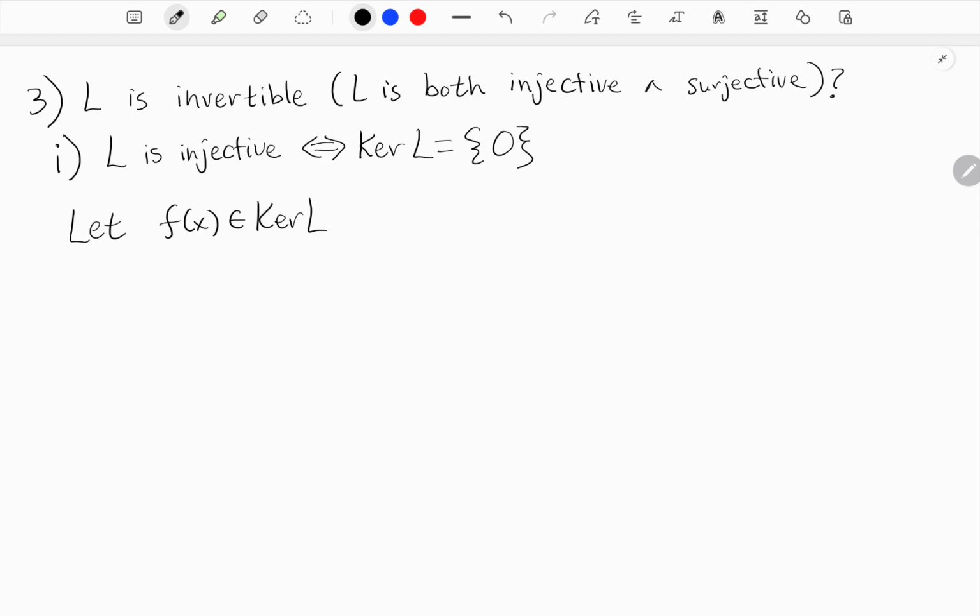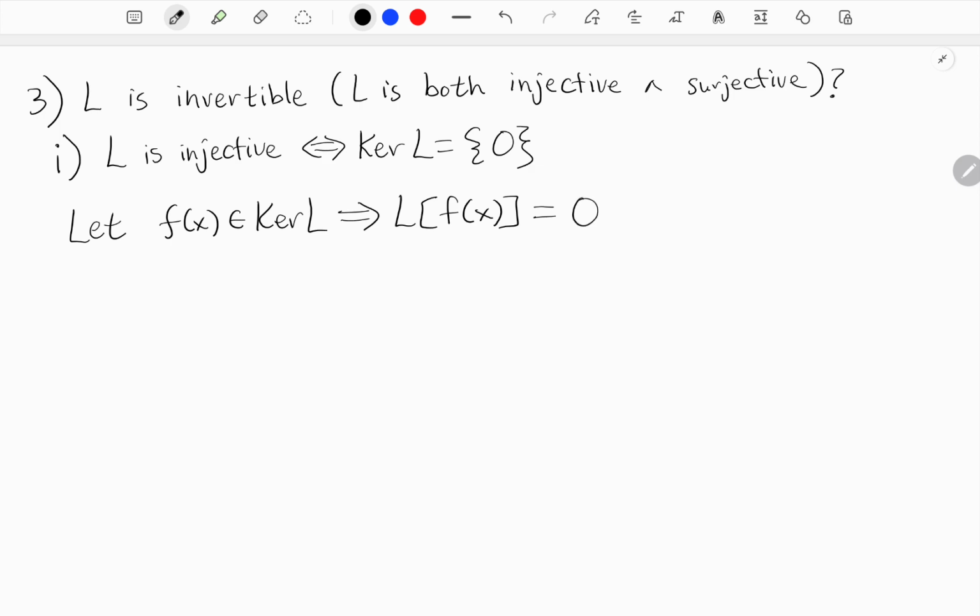Now the kernel of L is all the polynomials in W whose derivative is equal to 0. So this implies that L of f of x is equal to 0. This is by definition, right? If f of x is in the kernel of L, then L of f of x is equal to 0.